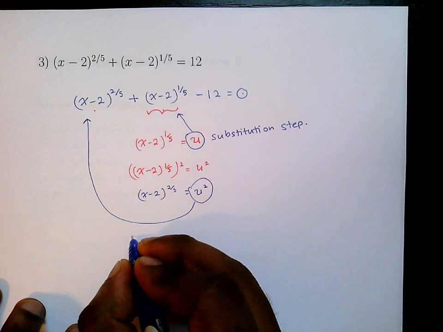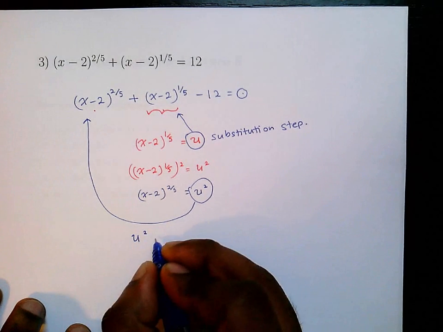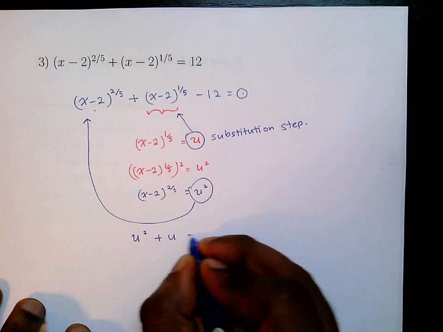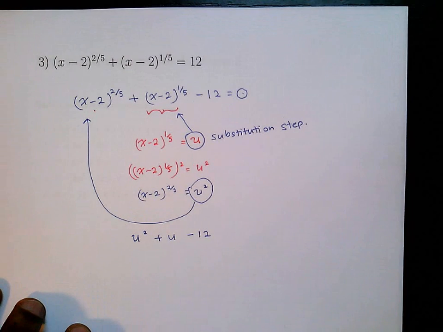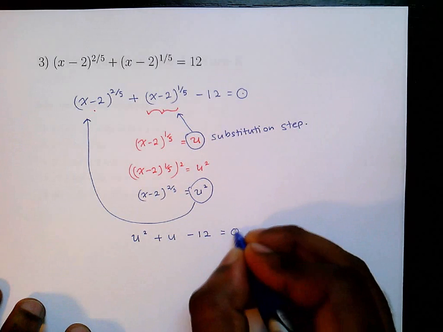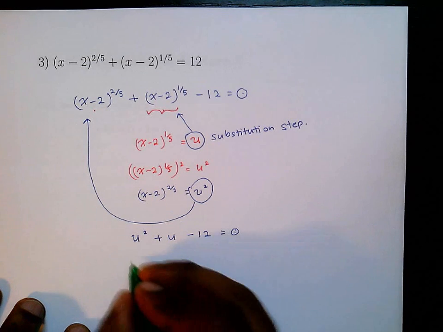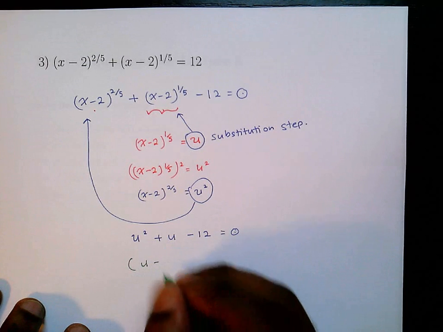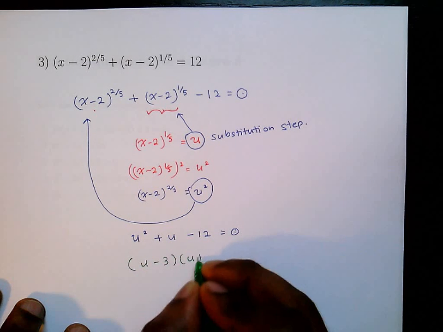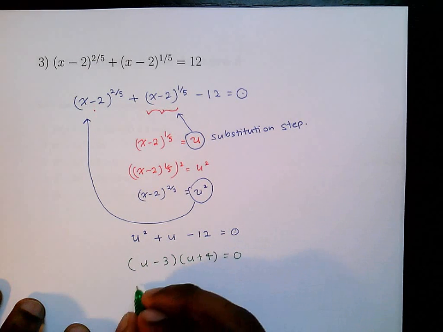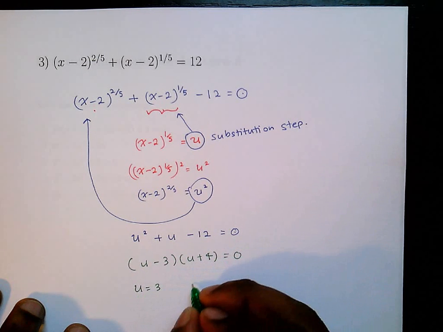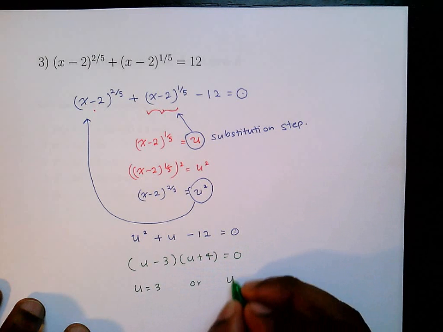What you end up with is u squared plus u minus 12 is equal to 0. Now you can factor this. Of course, you get u minus 3, u plus 4 equals 0. So u equals 3 and u equals negative 4.